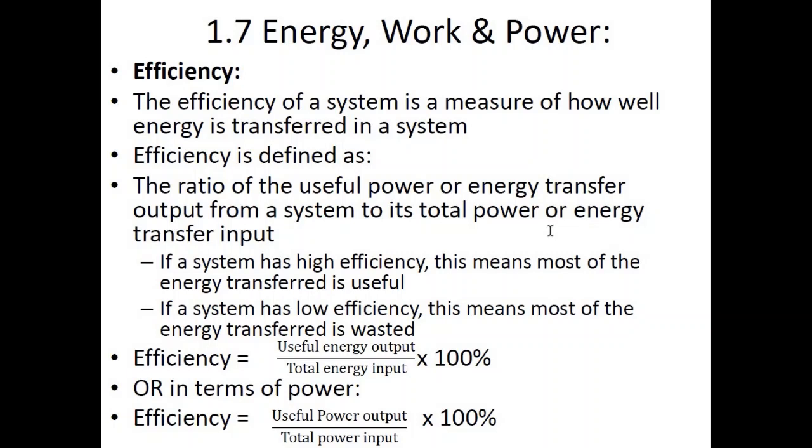Powerhouses or power stations are one of the most, you can say, inefficient systems in the world. Their efficiency is very low. Remember that. This might come in handy in some of the questions.